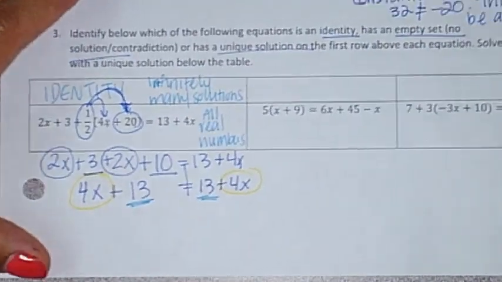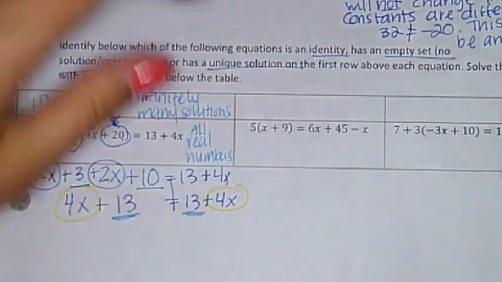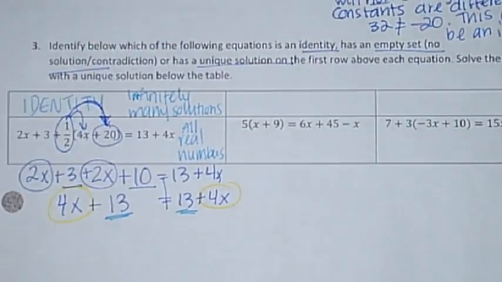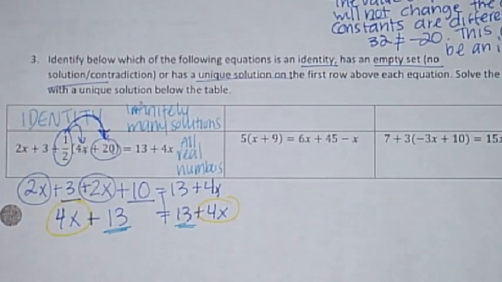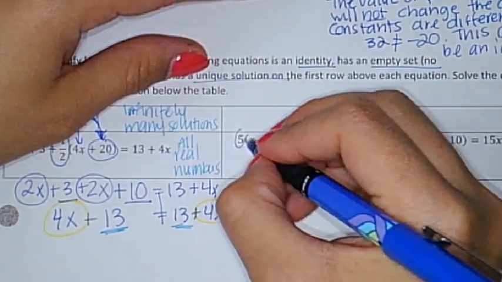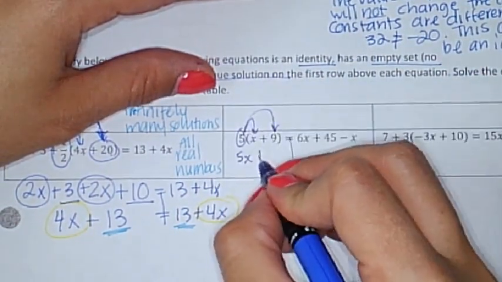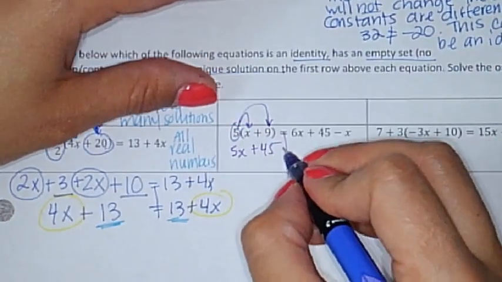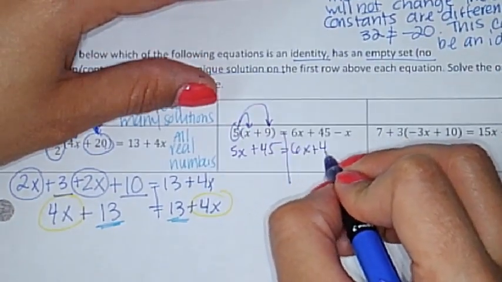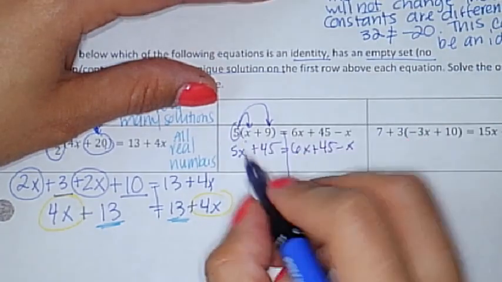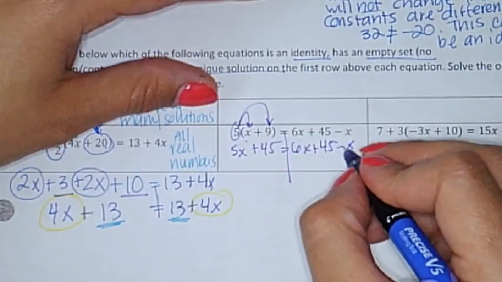Okay? For the next one, I'll do the same process. I will first distribute, in this case, the 5. So 5 times x would give me 5x, and 5 times 9 would give me positive 45. I'll combine the like terms. Here I don't have the like terms, but here I do.